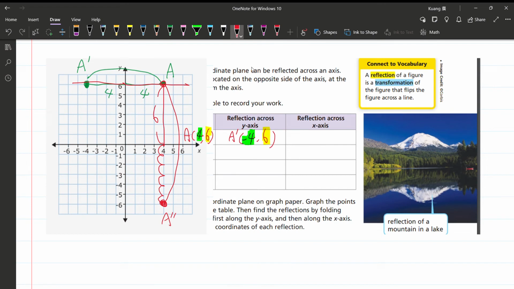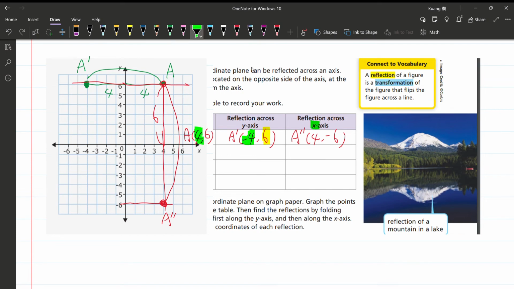Okay, what is the coordinate of A prime? You draw a vertical line, you find that the x coordinate is 4. For the y coordinate, you draw a horizontal line, that's -6. So you notice when you reflect across the x-axis, A and A prime will have the same x coordinate.